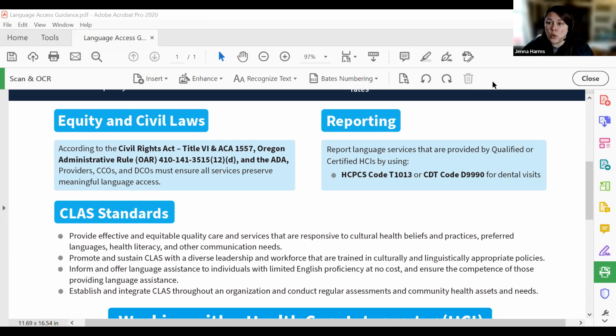The answer is no. The T1013 code is only for when you use a certified or qualified healthcare interpreter to support that visit. We have other mechanisms that we track. As many of you know, when you're going through your contracting and credentialing processes, you identify if you speak any other languages. That's data that we capture, and that we can also record, knowing that you speak those other languages and are proficient.